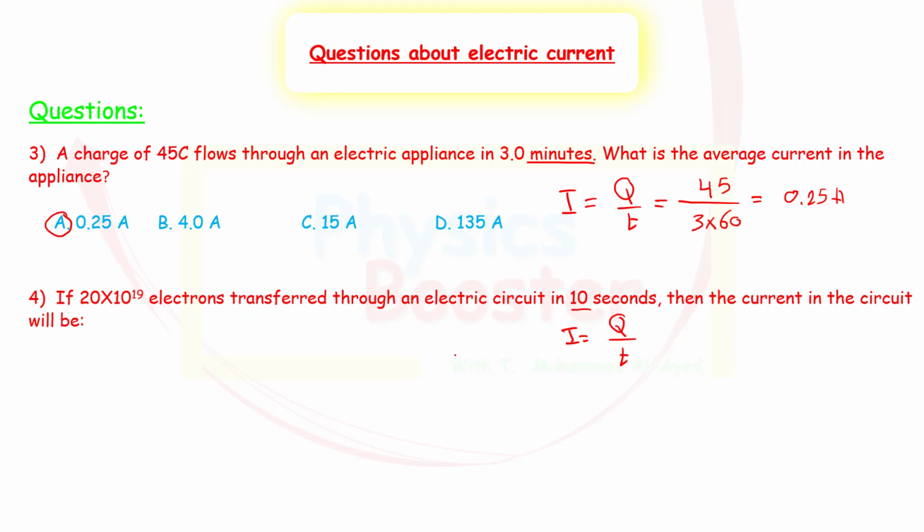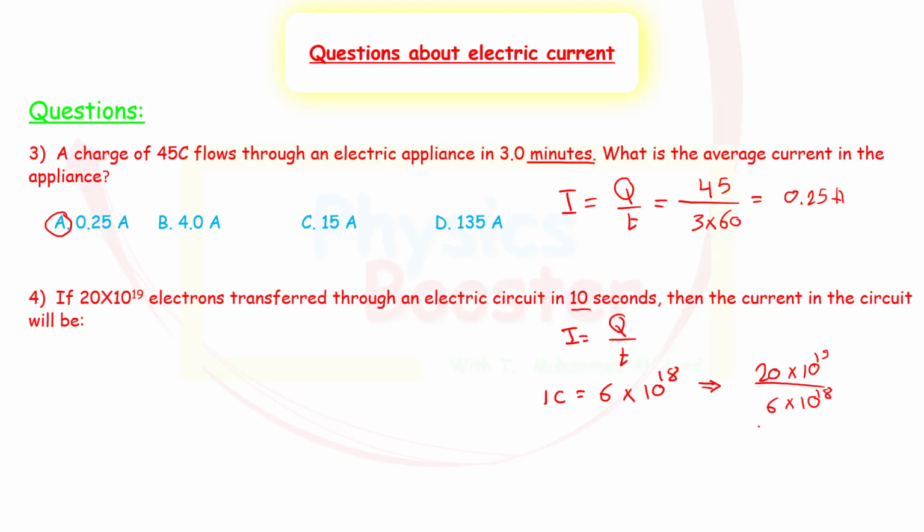But we learned before that 1 coulomb is equal to 6 multiplied by 10 to the power 18 electrons. So if we transform the 20 multiplied by 10 to the power 19 electrons and we want to know how many coulombs that is equal to, we can say that 20 multiplied by 10 to the power 19 divided by 6 multiplied by 10 to the power 18.